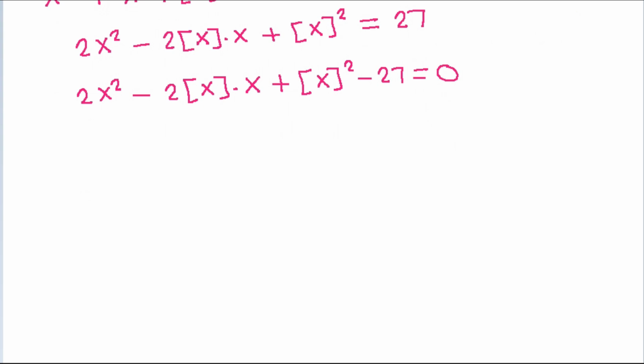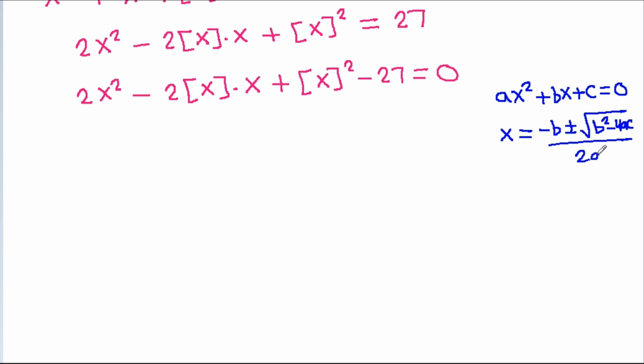And for ax² + bx + c = 0, x is equal to minus b plus or minus square root of b² minus 4ac, divided by 2a. So here a is 2, b is minus 2[x], and c is [x]² minus 27.